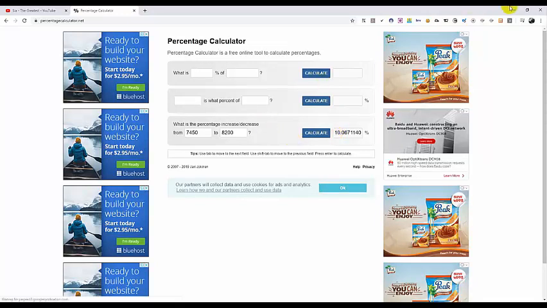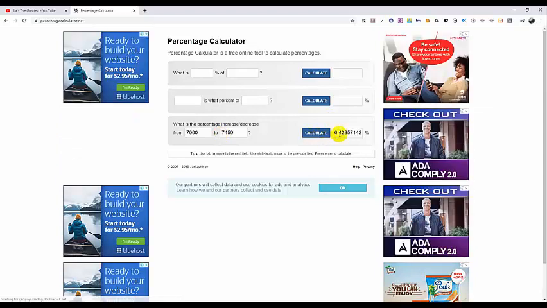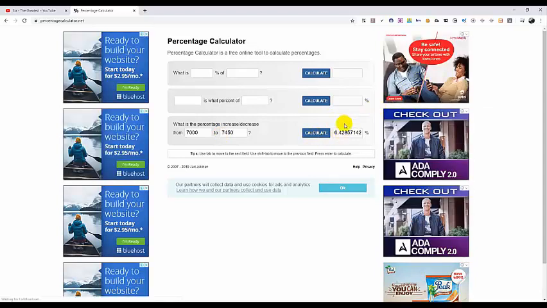So let's see how much you're willing to lose if this goes against you. We'll place it the other way around. Your stop loss is at 7,000, and you entered the trade at 7,450. You calculate to see how much you've lost: 6.4%.